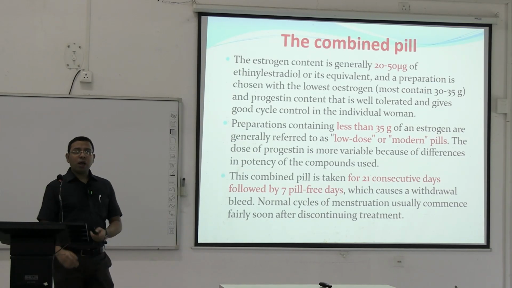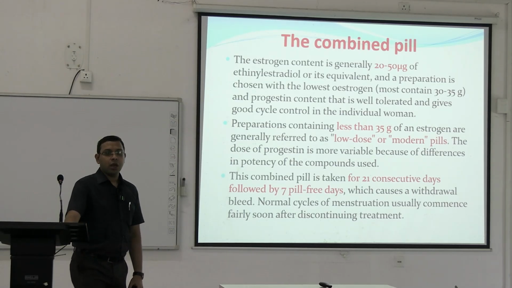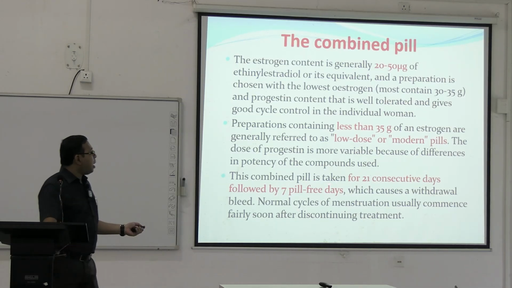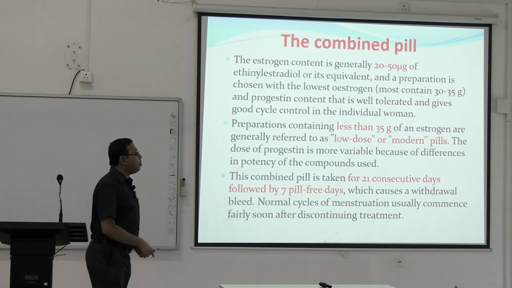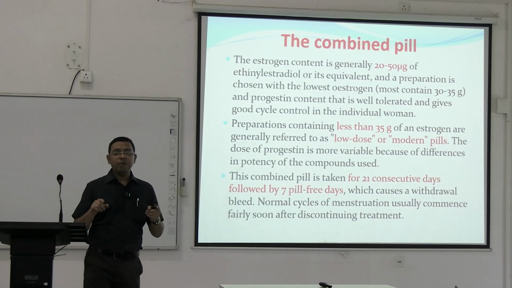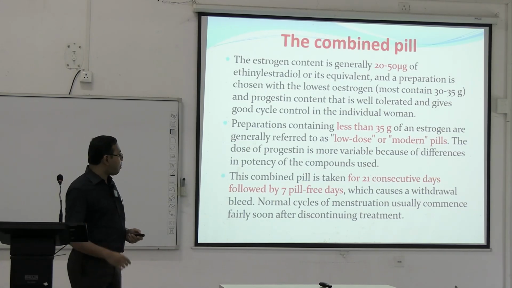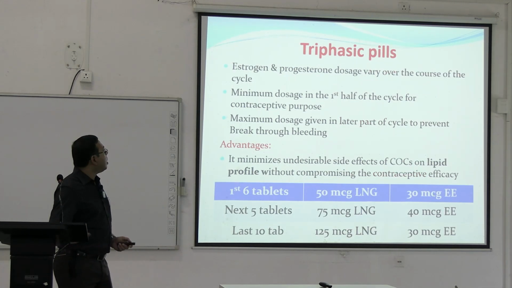The newer ones which have less than 35 microgram estrogen are known as low dose combined contraceptive pills. The combined pill is to be taken for 21 consecutive days followed by a 7 pill free period, which causes a withdrawal bleed. Normal cycles of menstruation usually commence fairly soon after discontinuing the treatment.